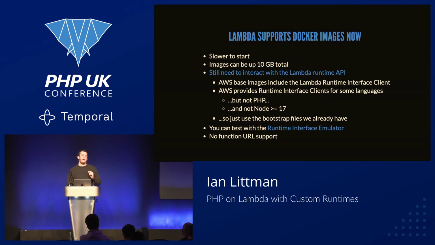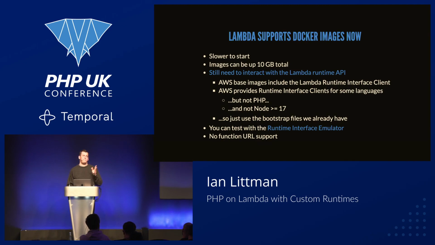So if you add the AWS runtime interface emulator, which is a binary, they have it for both x86 and ARM. If you add that runtime interface emulator binary and change your Docker command to be that temporarily, you fire up the runtime interface emulator.